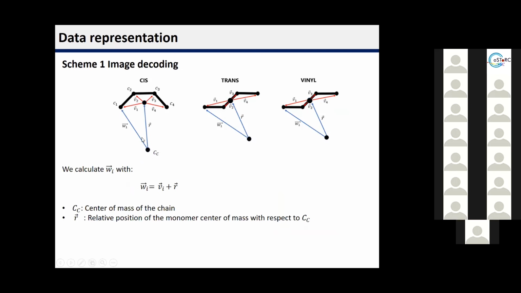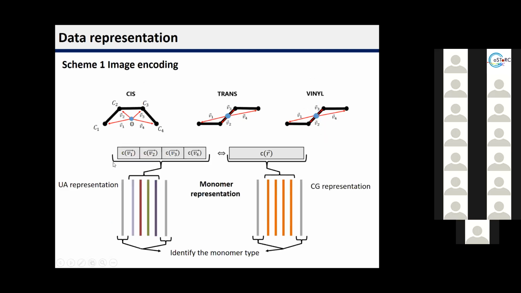We just add the R vector to the VI vector, where the R vector contains the relative position of the monomer center of mass with respect to the chain center of mass, and VI are the vectors we encode into the image.